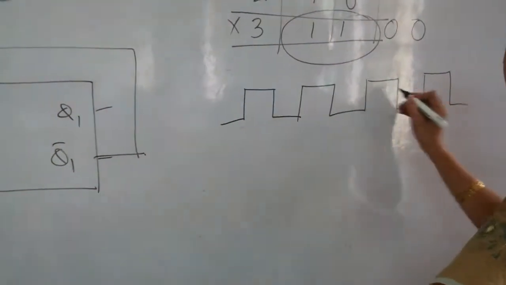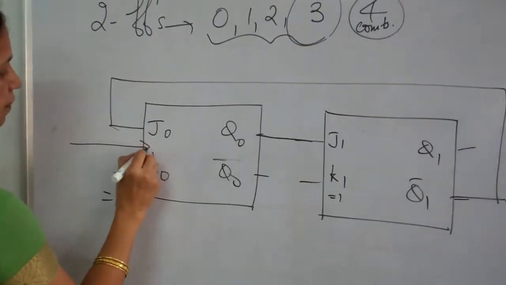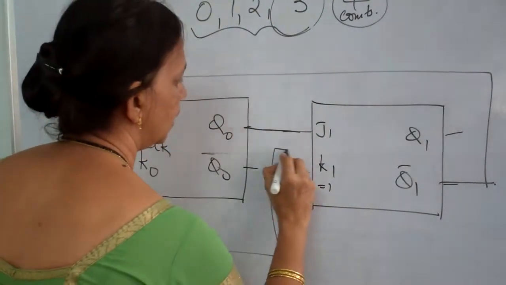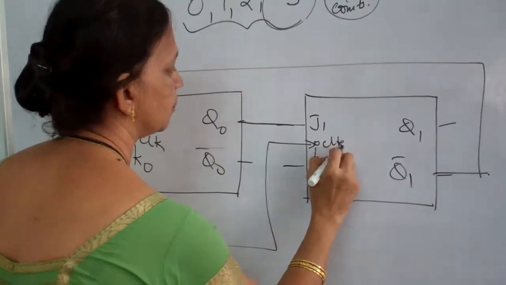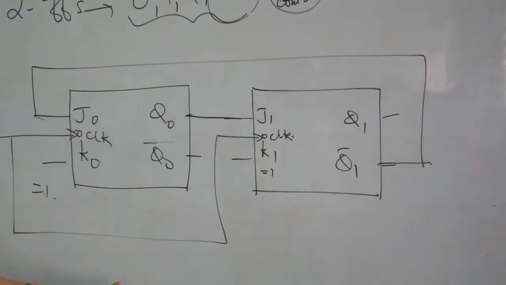Let me take 4 clock pulses, and the clock that you are giving is a parallel clock. That means the clock is simultaneously applied to both the flip-flops.